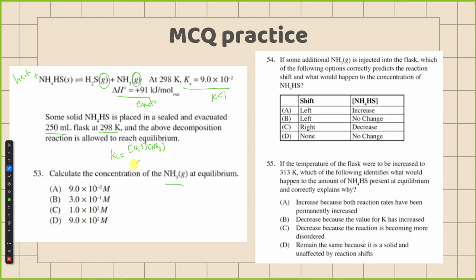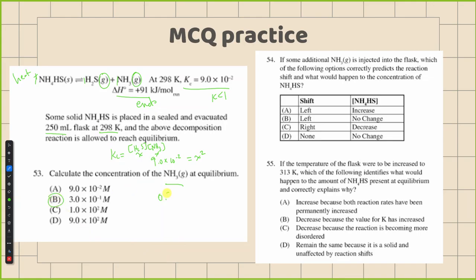I guess you could put it over 1. But the other thing you would notice, this is 1, this is 1, this is 1, so everything is 1 to 1. So 9 times 10 to the minus 2, basically this is like x and x, so it's going to be like x squared. So we can square root it to figure it out.